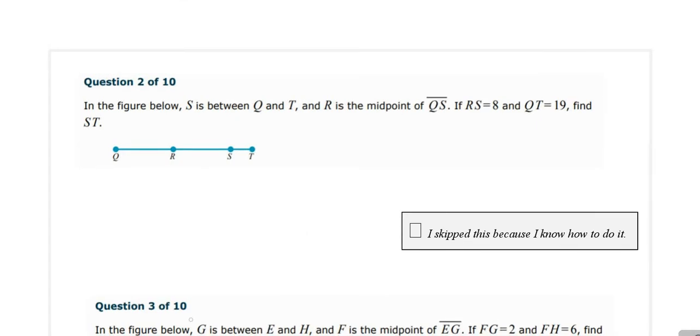It says in the figure below, S is between Q and T. So between does not mean middle, but S is between Q and T, but R is the exact middle of QS. So there's QS.